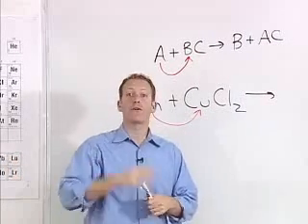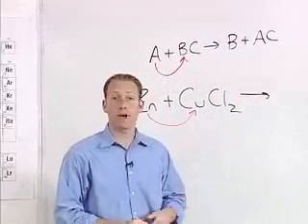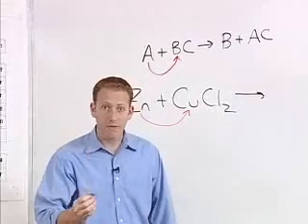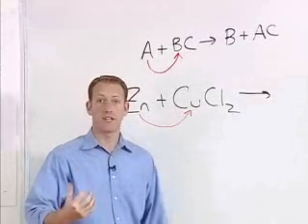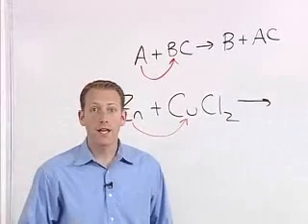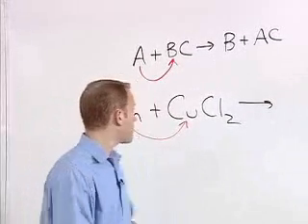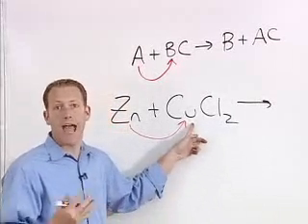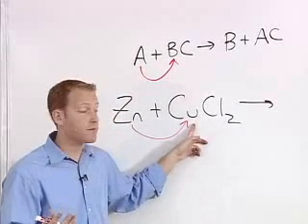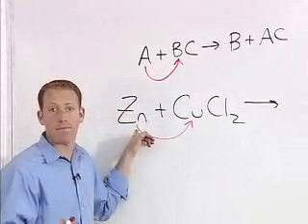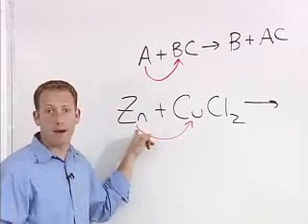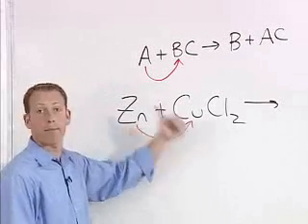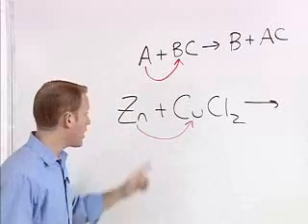How do you know? From table J. As you can see on the slide window, table J shows the activity series of different metals.